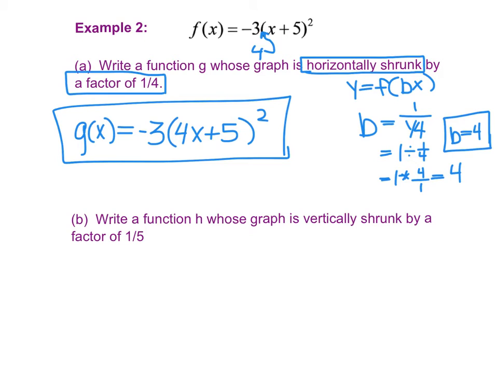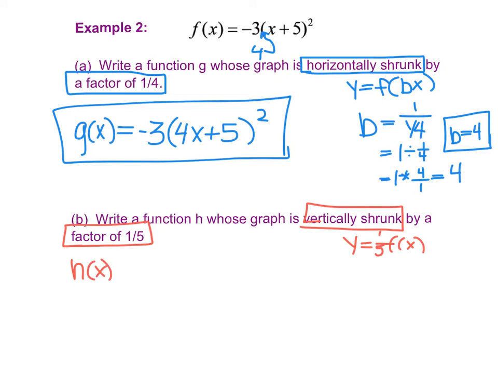Now if we look at the second example down below, this one is going to vertically shrink the graph by a factor of 1/5. So here we know that we're going to multiply the entire function on the outside by 1/5. So if we take our new function name, which is h, we're going to take the entire function of -3 x plus 5 quantity squared.